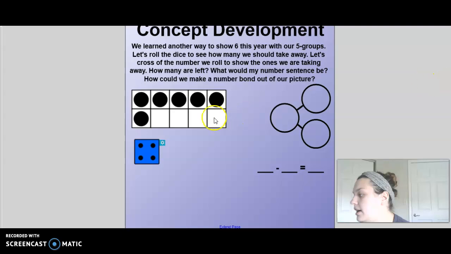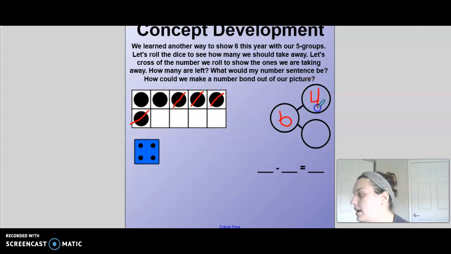All right, let's see if you got your last one. So we have 1, 2, 3, 4, 5, 6 again. And it's telling me to take away 4. So I'm going to take away 4. 1, 2, 3, 4.